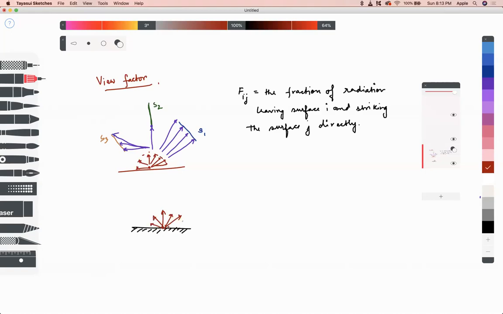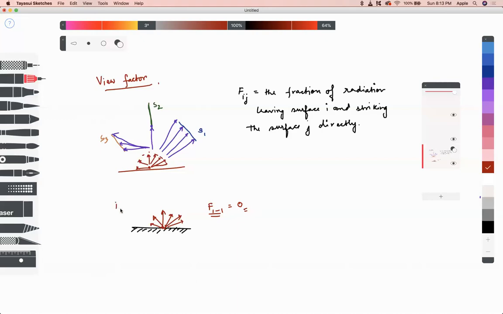If I want to find out the view factor of surface 1 with respect to itself, not with respect to any other body, it will always be 0 for a flat surface. Why? Because as you can see from the diagram, none of these arrows will strike back again this surface. That is why the view factor of a flat surface with respect to itself will be 0.